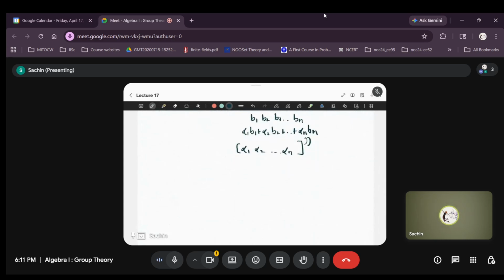Consider K over F, the field extension. K has plus and times, F has plus and times, and F is a subset of K. Consider V, plus, F, dot.